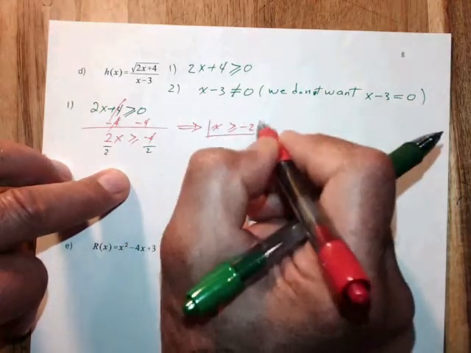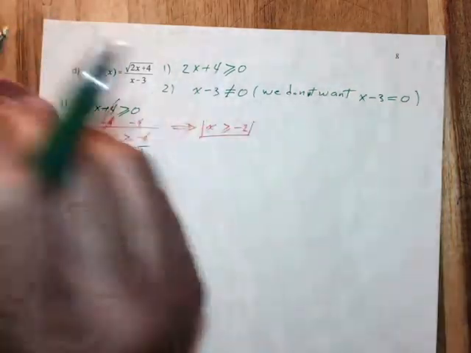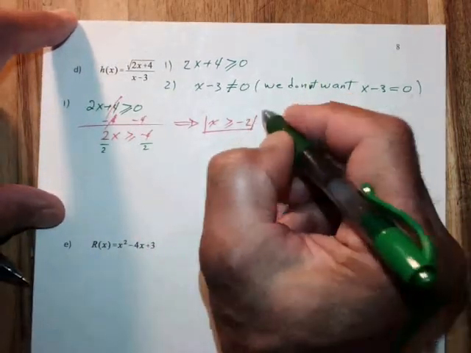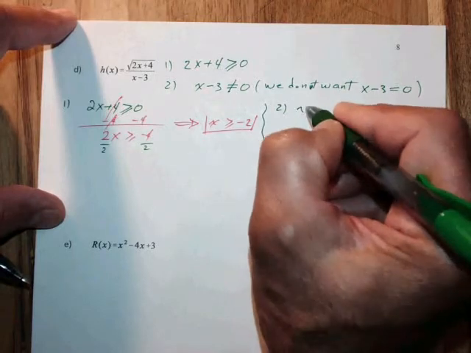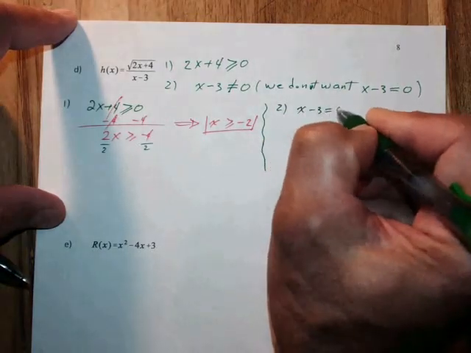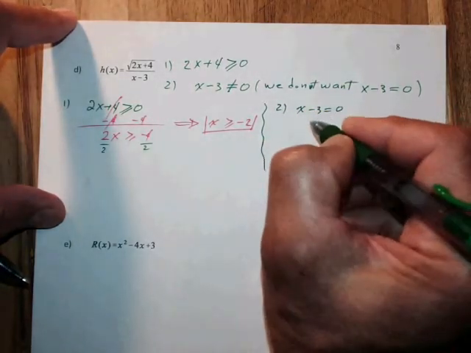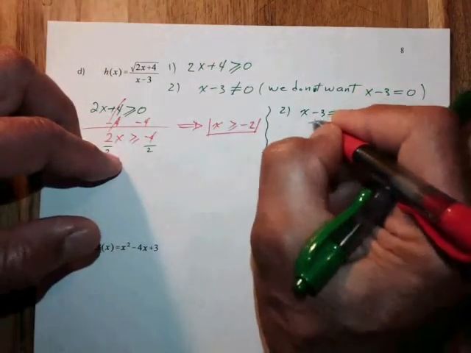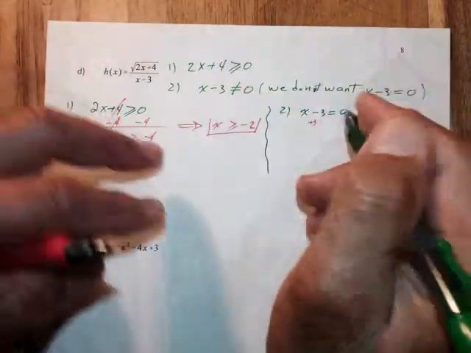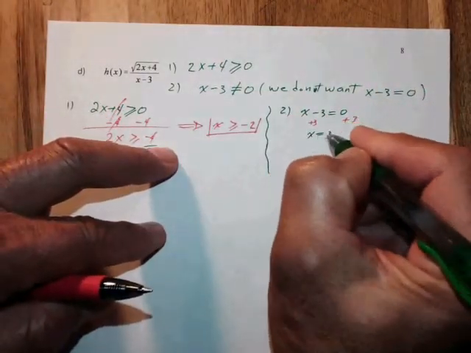This is one restriction. What is the second restriction? Second restriction is that x minus 3 equal to 0. We do not want that. So if I add 3 to both sides, then that gives you x equal to 3.